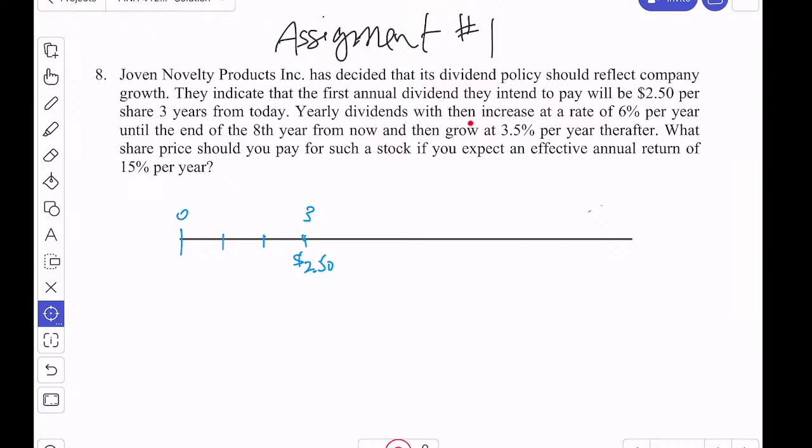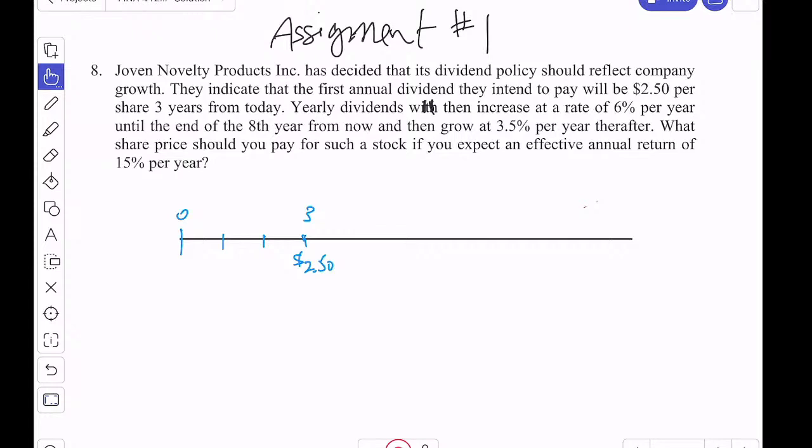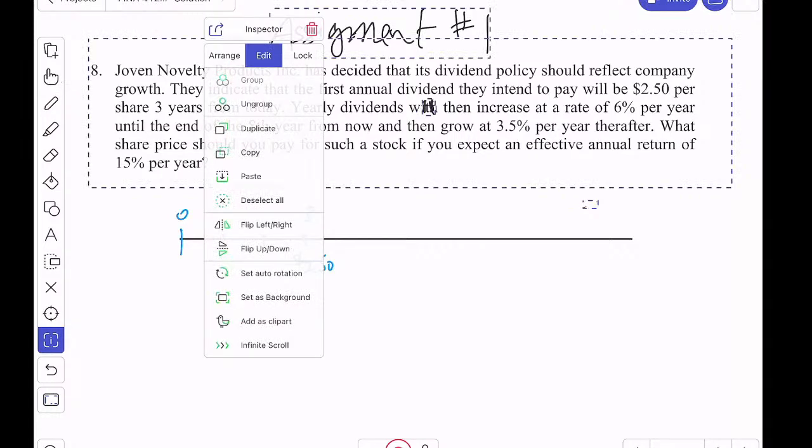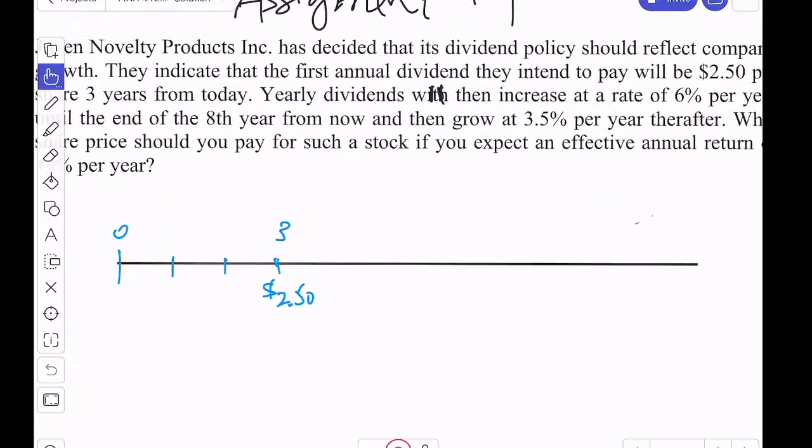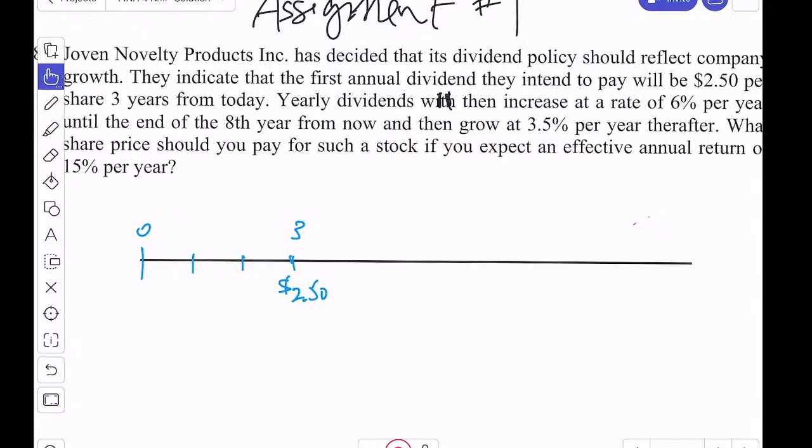Yearly dividends will then increase at a rate of 6% per year. Okay, so then growth kicks in at 6% per year, until the 8th year from now.